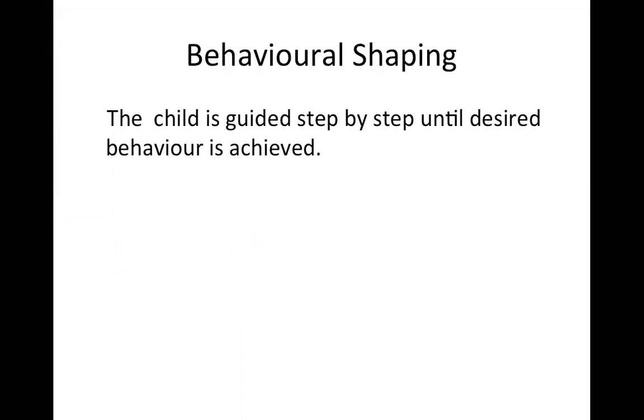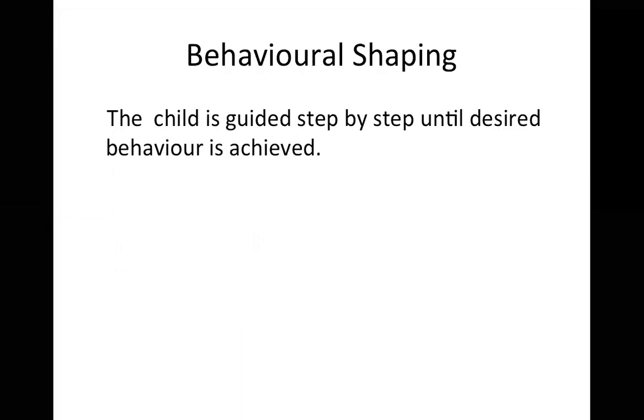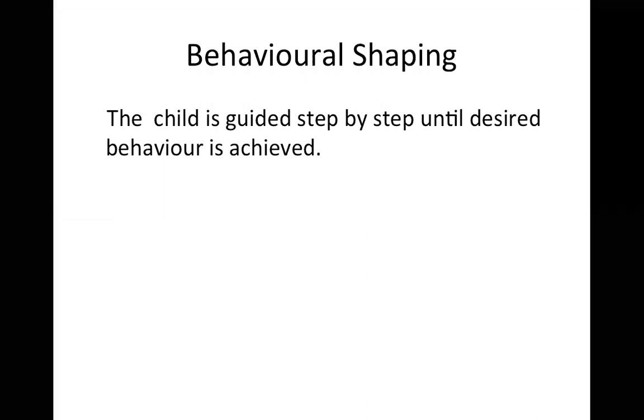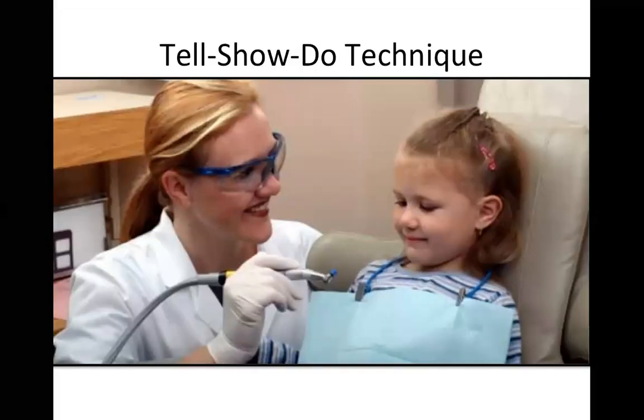So behavior shaping is when a child is guided through a step-by-step protocol until the desired behavior is achieved. So this is behavior shaping. You start from the basic and move towards the advanced until the child behavior is achieved. In this very picture, you can see that the dentist is showing a handpiece to a little baby, and the tell, show, do technique is being followed.